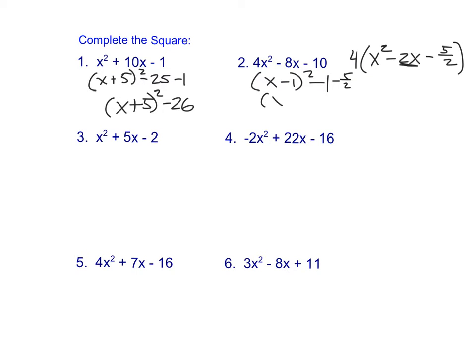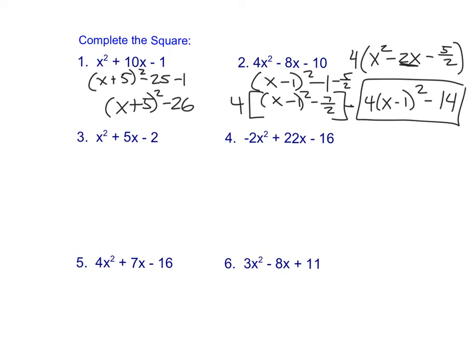That is x minus 1 squared minus 7 over 2. We then have to multiply through by that 4. And we get 4 times x minus 1 squared minus 14. 4 times 7 over 2 is 28 over 2, which is 14.